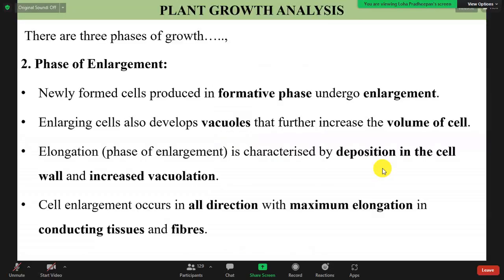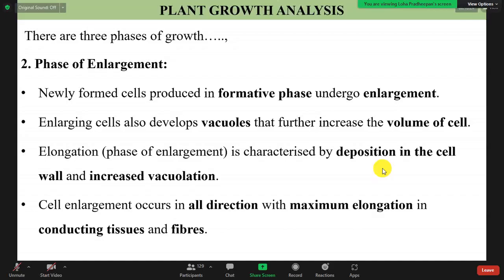Then if you move to the phase of enlargement, the newly formed cells produced in the formative phase, or we can say the cell division phase, undergo enlargement. Due to the enlarging of plant cells, they develop vacuoles and further increase in volume.